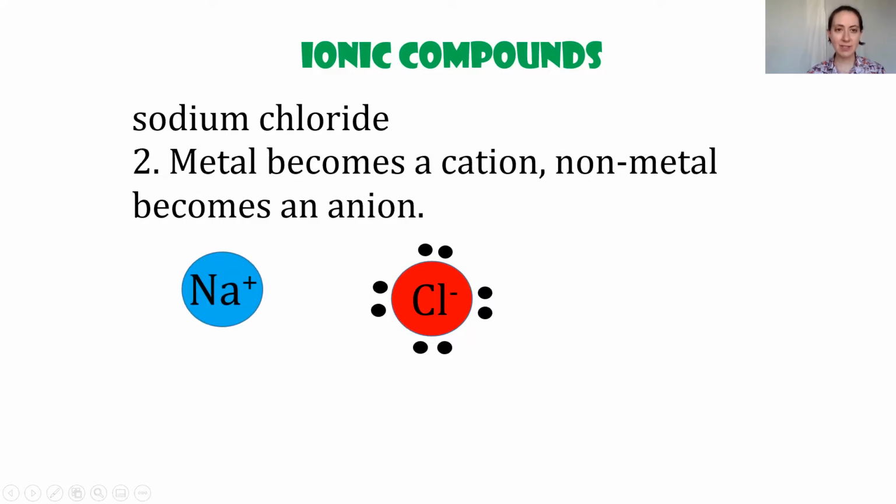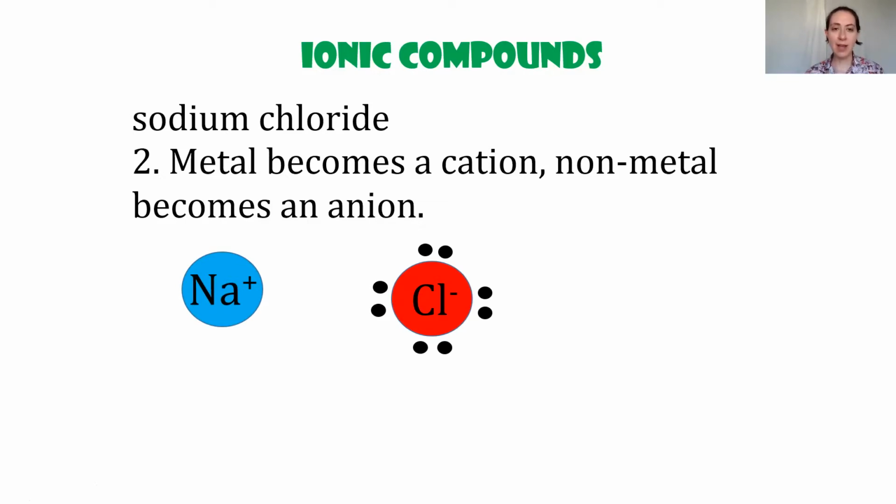When that happens, the metal becomes a cation, positively charged, and the chlorine becomes an anion, negatively charged. That transaction is complete. This is the big difference between covalent and ionic compounds. Covalent bonds share electrons. In this case, it's completely given away.